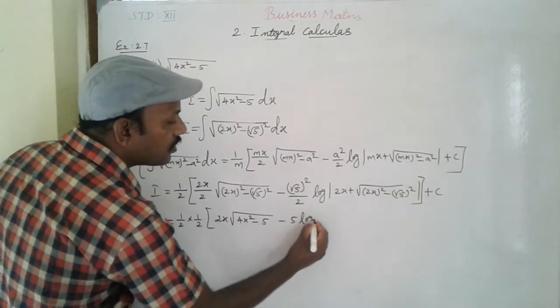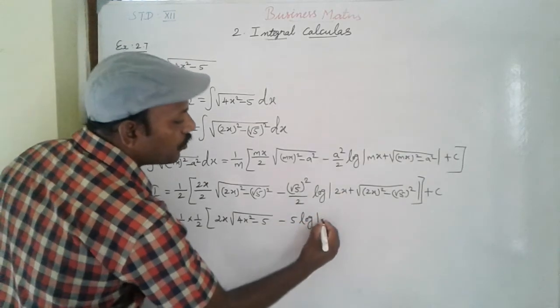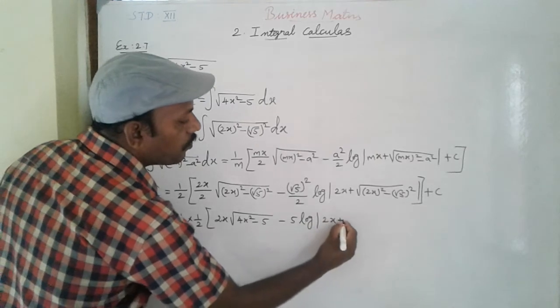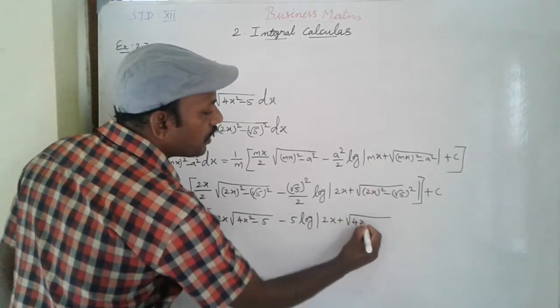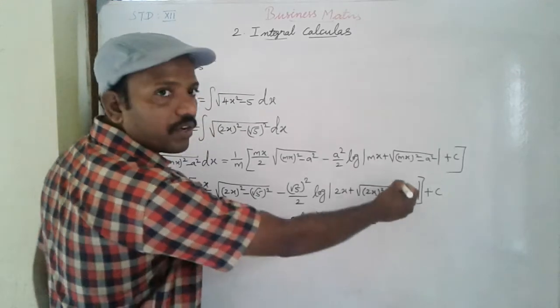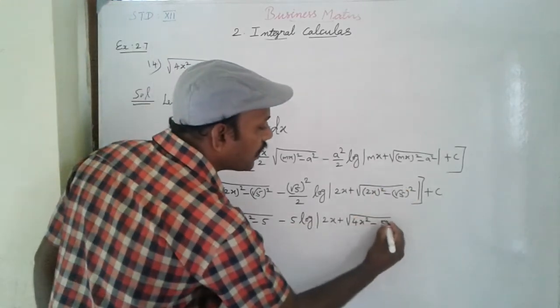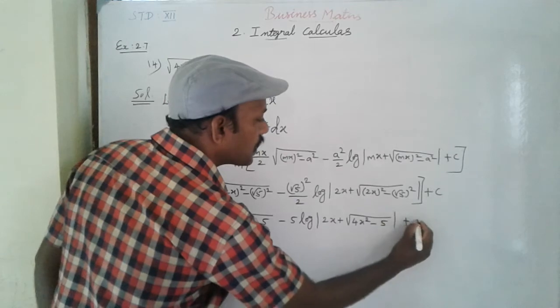5 log modulus 2x plus root of 4x square minus 5 whole square is what? 4x square minus root 5 whole square is what? 5 plus c.